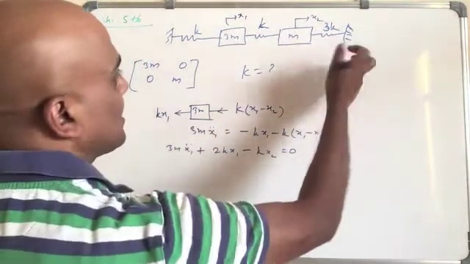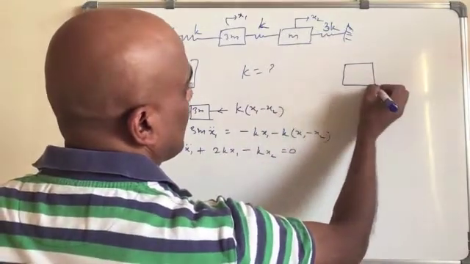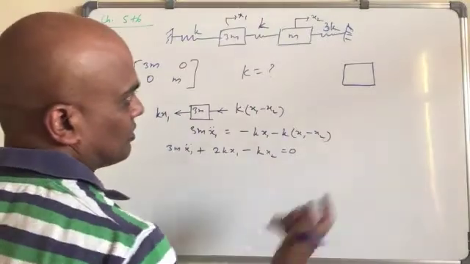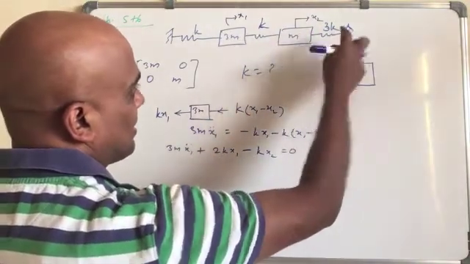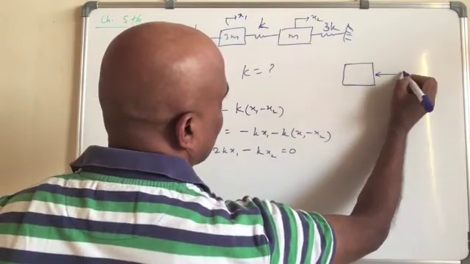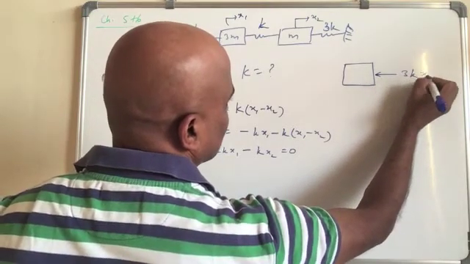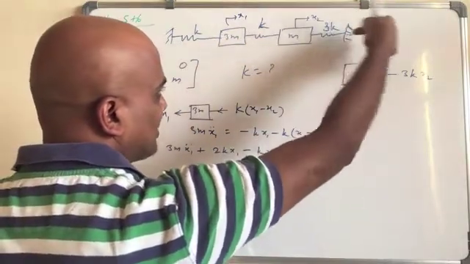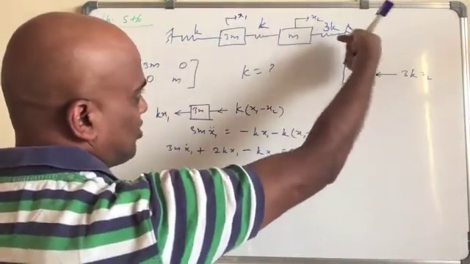Similarly you can get it for this one, if you assume x2 is moving and x1 is not moving, for example. So there will be compression at the back side. The equation will be 3k x2, because this is fixed, so the force will act like this.